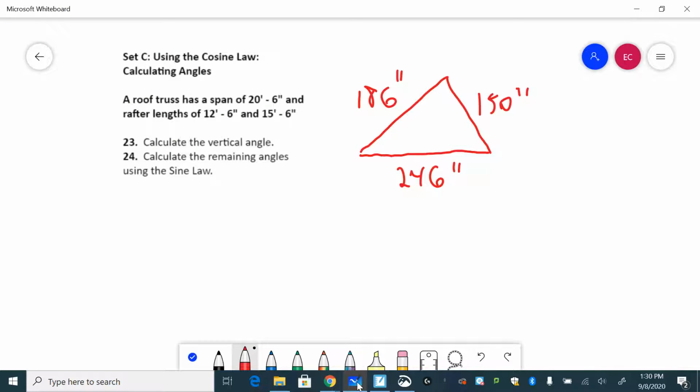So if I go back to this and say I call the vertical angle, which is what I'm solving for, which is up here, if I call that A, then I'm just going to use the cos A formula.